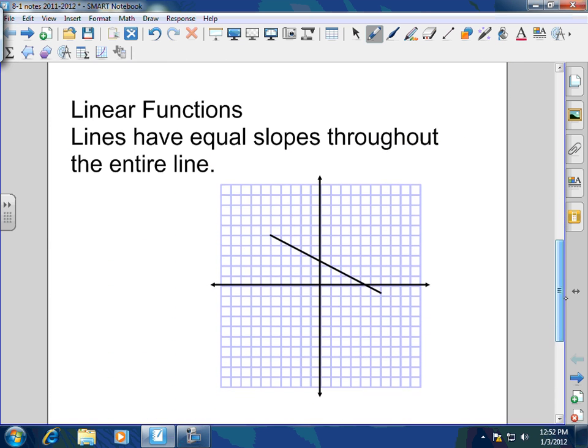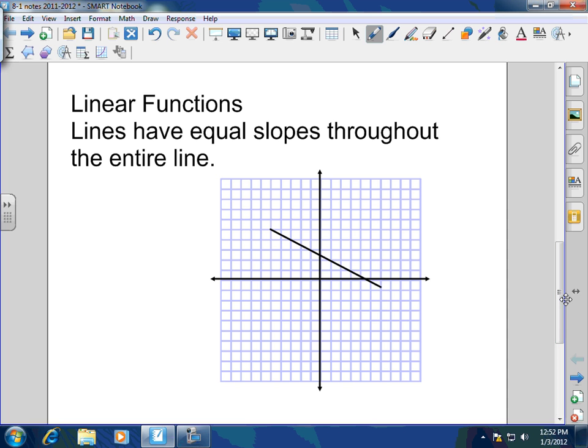Now, linear functions, remember, are based on a slope. If you remember, lines have equal slopes throughout the entire line. So when I give you a graph, I give you a line, okay? I can expand it if I want. Let's choose some random points.